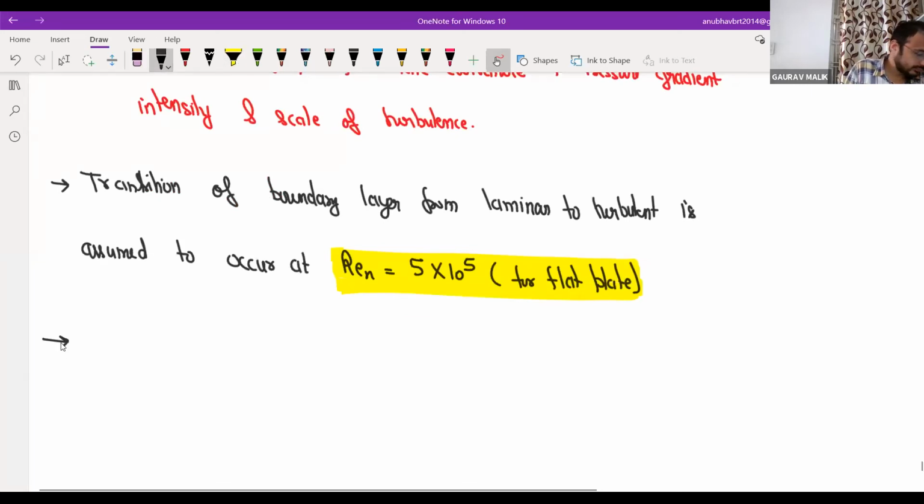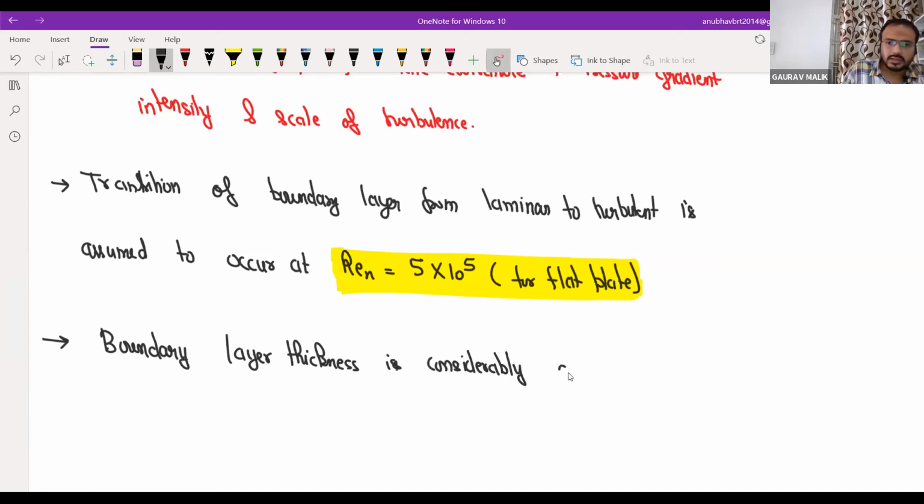Next one: boundary layer thickness is considerably affected by the pressure gradient in the direction of flow.